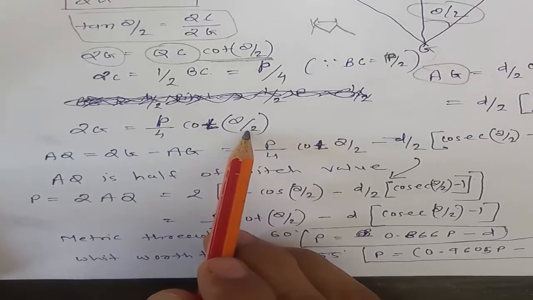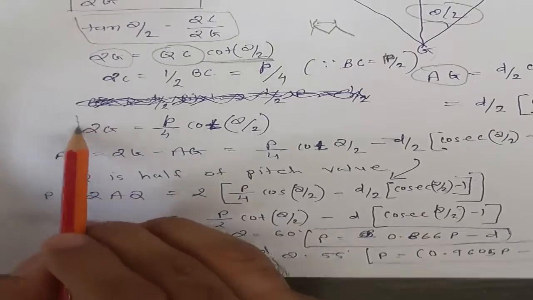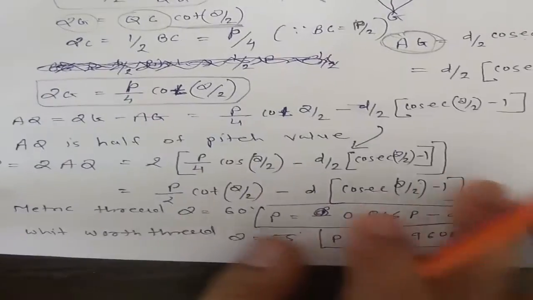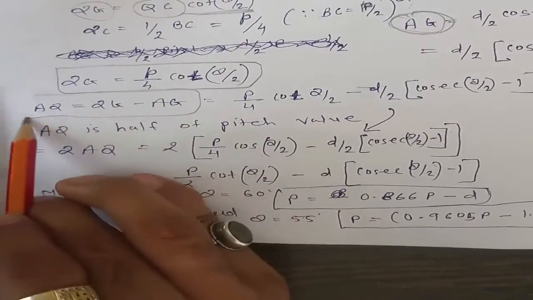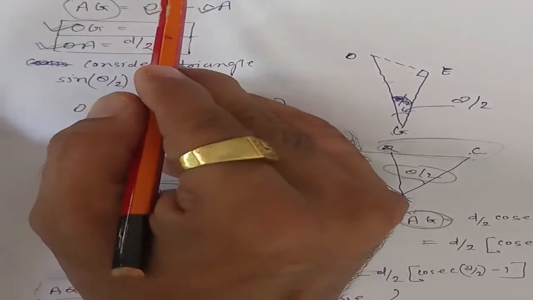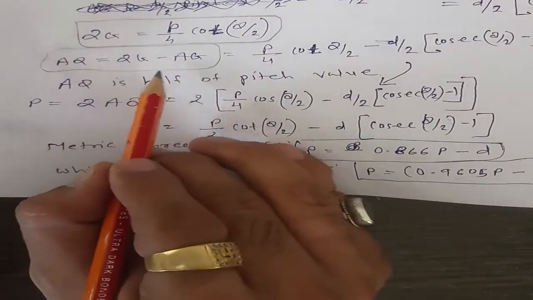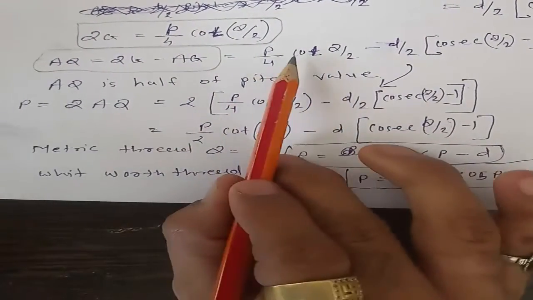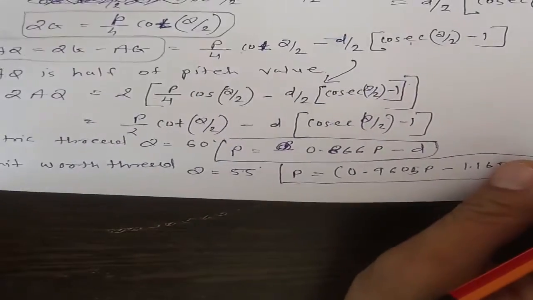Now we have QG, and we also have AG. So finally we can find AQ, which is QG minus AG, as we saw earlier. Put the values of QG and AG here.